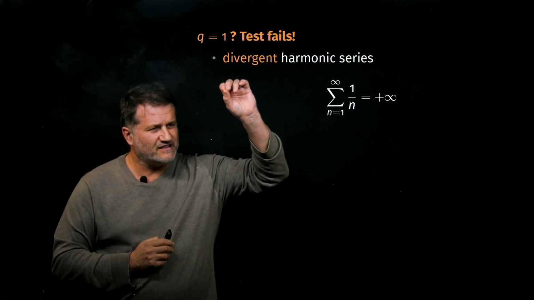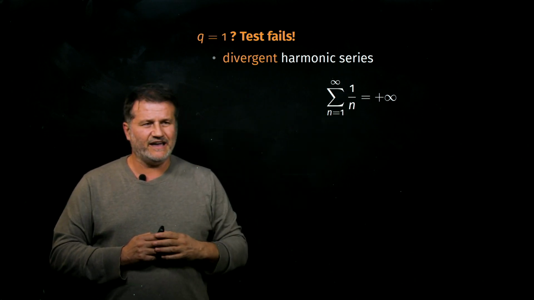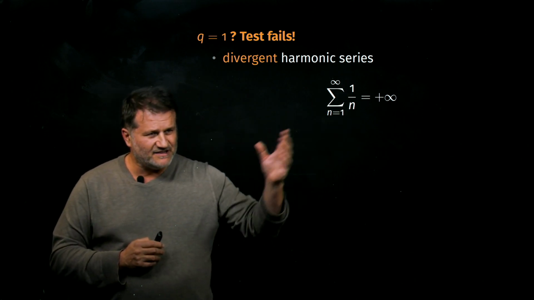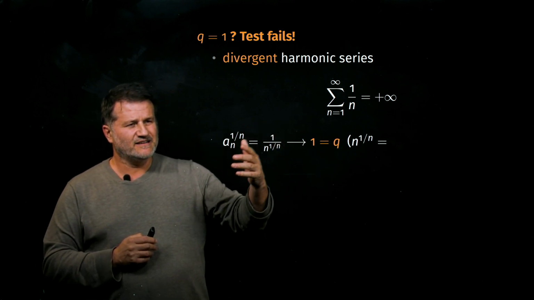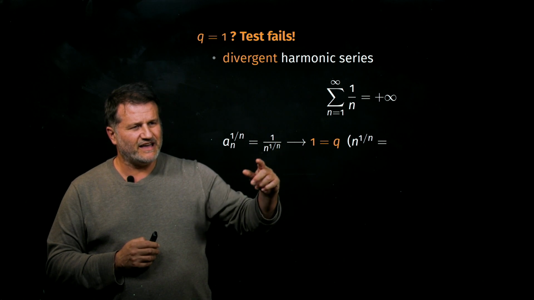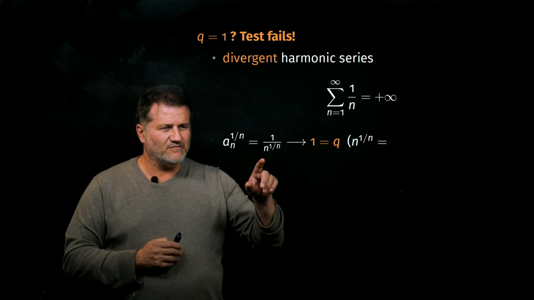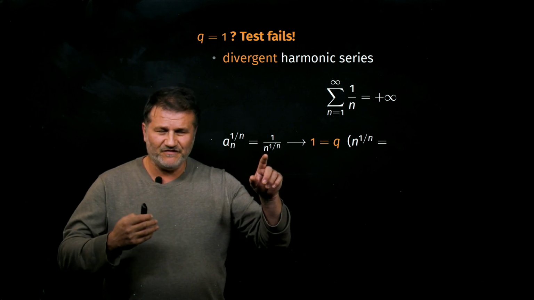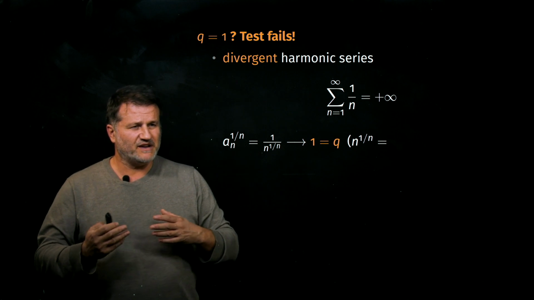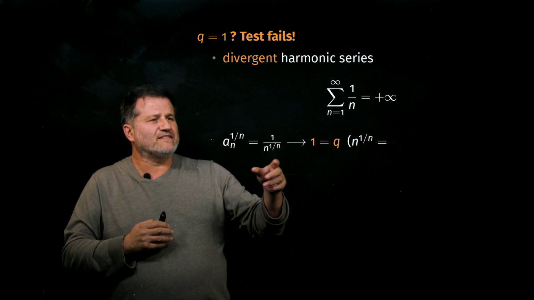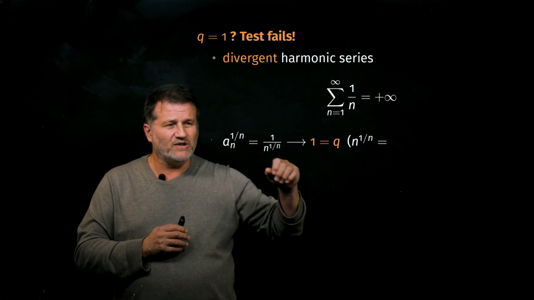Here we consider the divergent harmonic series, the sum of fractions 1 over n. We apply the root test to the term a_n equal 1 over n. So the nth root of this is 1 over n to 1 over n. And to compute now this limit, we have to be careful because it is an indeterminate form infinity to 0. However, by using properties of exponentials and logarithm, we rewrite this as 2 to log base 2 of the same quantity.